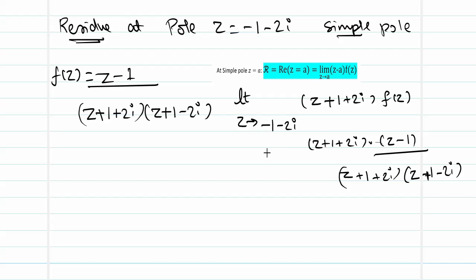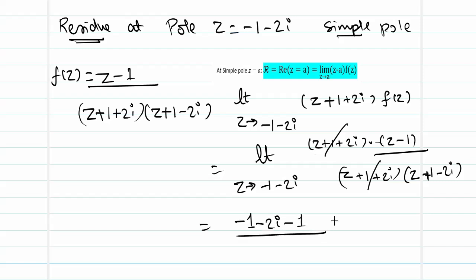Now applying the limit z tending to minus 1 minus 2i, what happens? This common factor gets cancelled off. For the remaining quantities, we can substitute z equal to minus 1 minus 2i. So replacing the numerator z with minus 1 minus 2i, and now you have an extra minus 1. In the denominator z takes the value minus 1 minus 2i, and the leftover quantity is plus 1 minus 2i. Now we will simplify this.